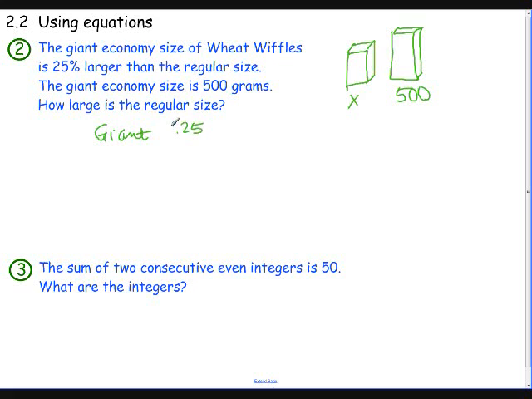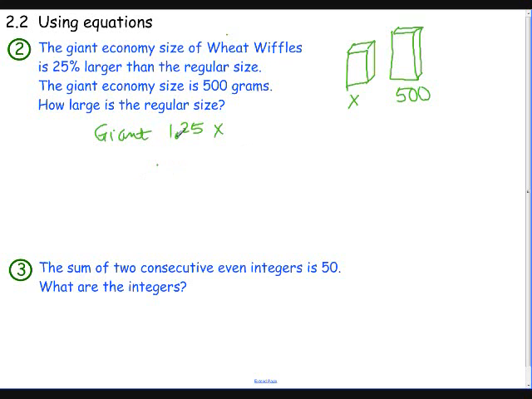0.25. It's actually 1.25. It's 1.25 times x. It's as large as x, that's the 1, plus 25%. That makes it 1.25x. How large is the regular size?